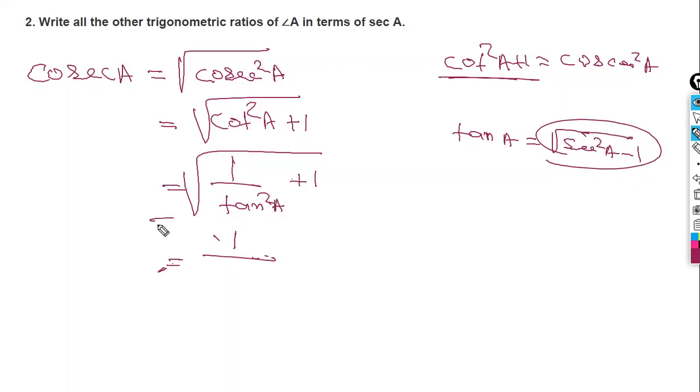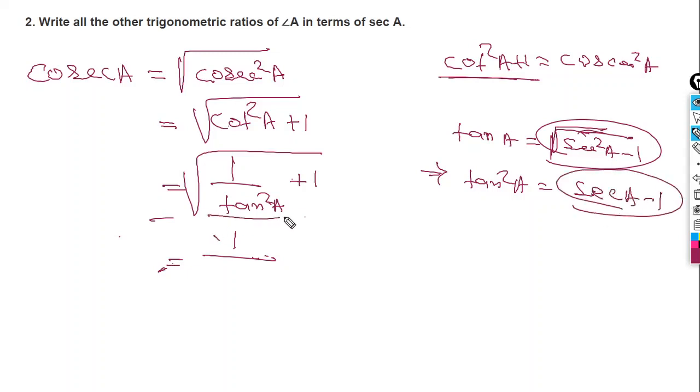Now 1 by tan square a is there, therefore you can write tan square a equals, this root over will be eradicated, sec square a minus 1. So instead of tan square a, we can write sec square a minus 1, plus 1, then whole root over.